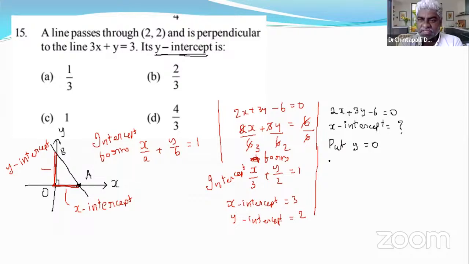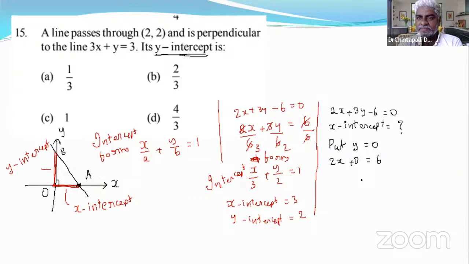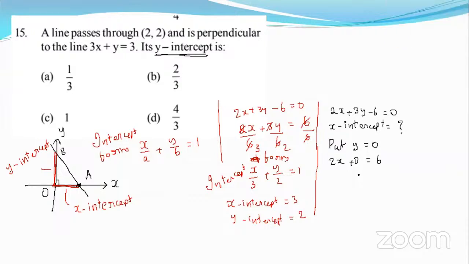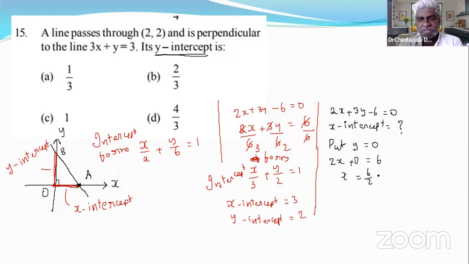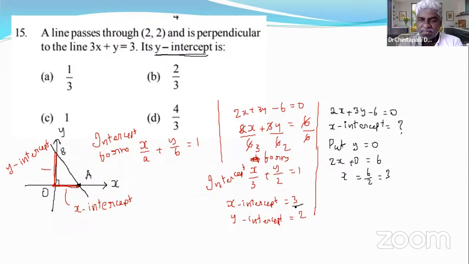We get 2x plus 0 minus 6 is equal to 0, so 2x is equal to 6. X is equal to 6 over 2 is equal to 3. So the x-intercept is 3. Have you understood?